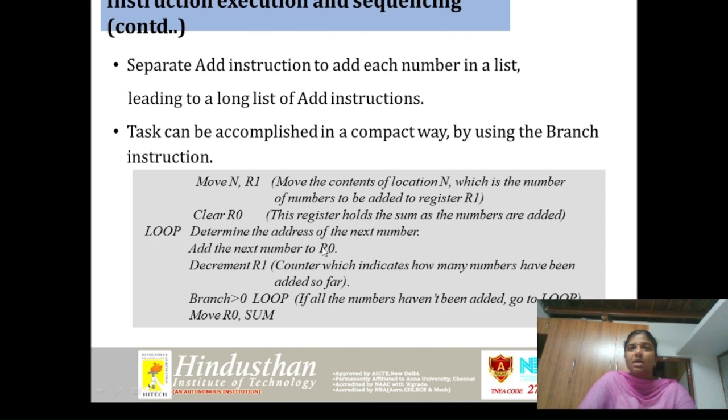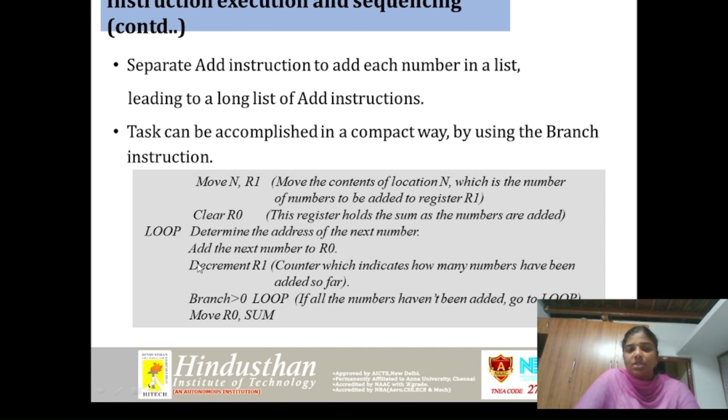In this, the register value will be incremented and it will add R0, R1 with R2, and that value will be replaced in the content of R2, and the looping will be repeated again and again, because the same operation is performed 10 times. So for this we are using the loop concept.